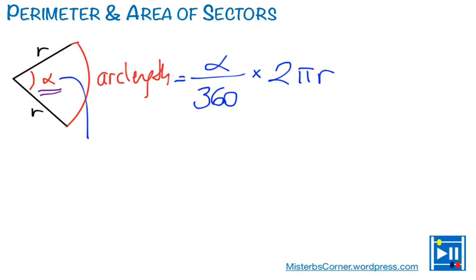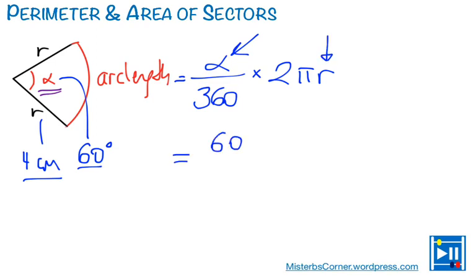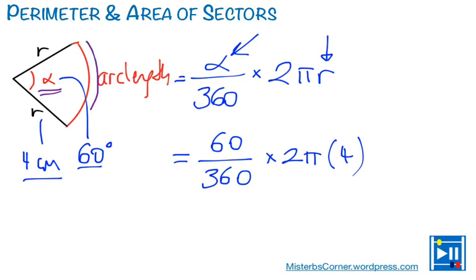Say, let's say this is 60 degrees, right? And the radius will be 4 centimeters. So if we go with these numbers where I substitute here, I'm going to have 60 over 360 times 2 times pi times 4 as the radius. So if I calculate this, I'm going to find the arc length, the length of this curve.